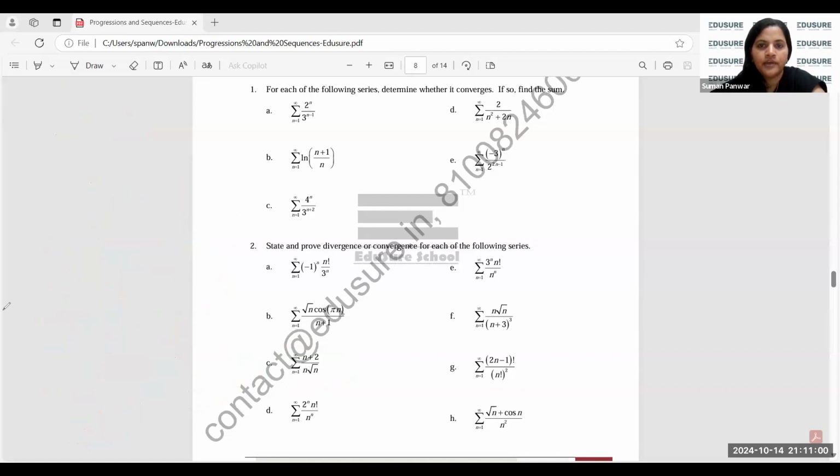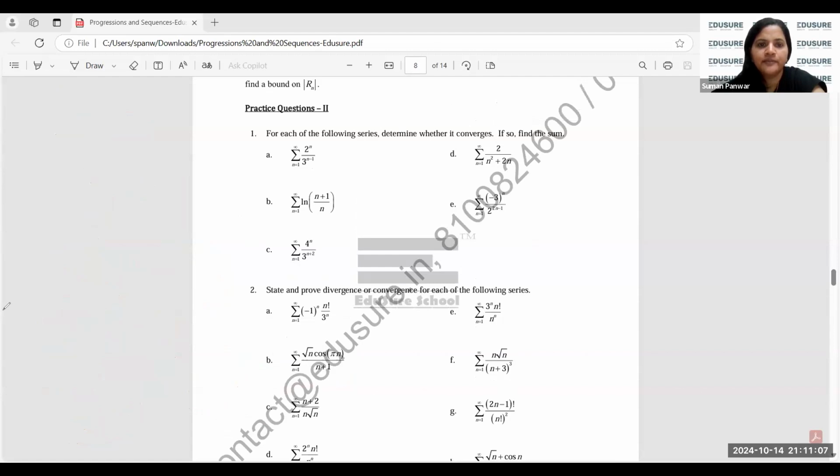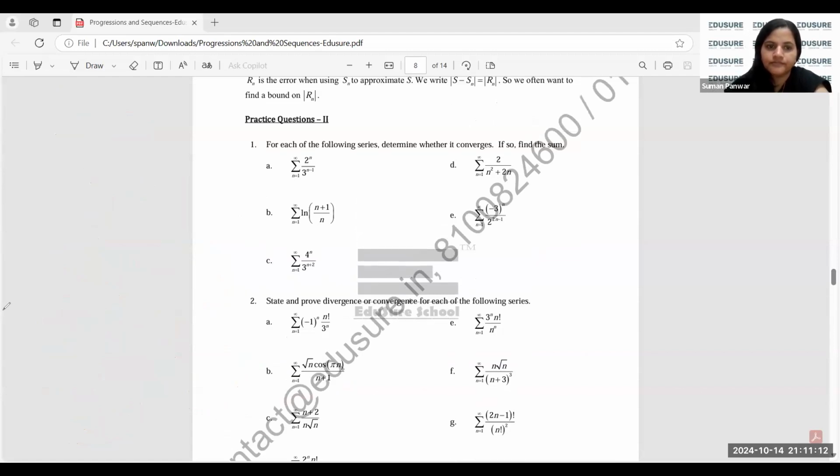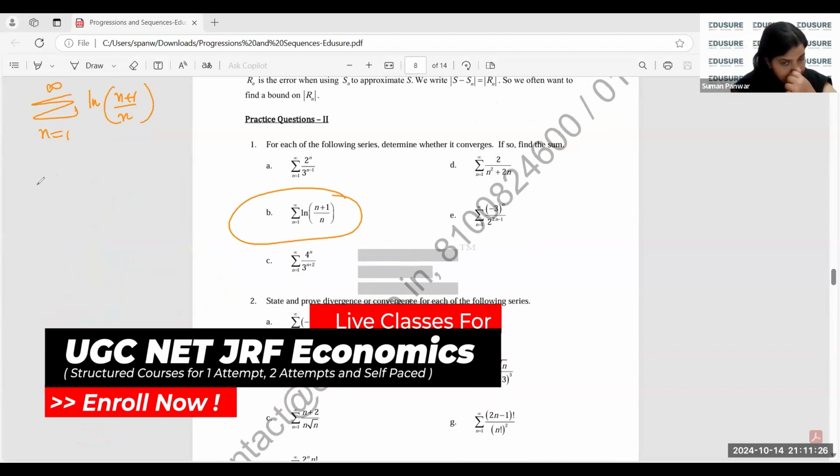Now, let us try to look at this particular series. Okay. So we have summation n going from 1 to infinity, natural log of (n plus 1) divided by n.